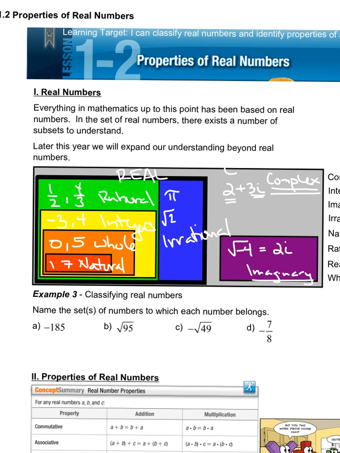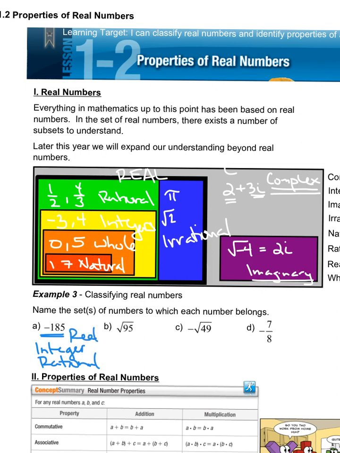If we give you an example like -185, I would want you to list all the sets and subsets -185 is listed in. So I'll give you a second to think about that. And then we know -185 is an integer, which means it is also rational, which also means it's real.